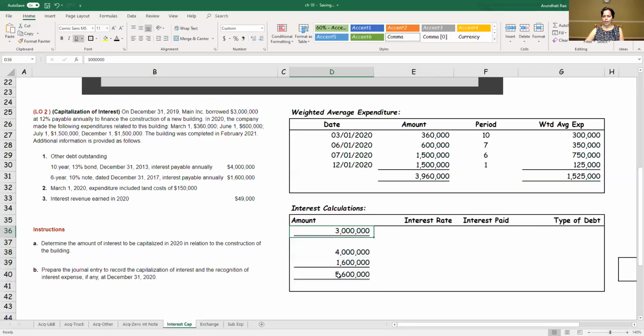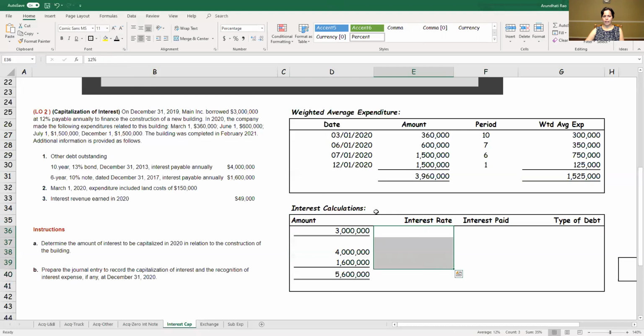So I have the 3 million, the 5.6, and as you see, I've kept them separate over here, and I'll tell you why. The interest rate is 12%, 13%, and 10% respectively. So let me write the interest rates over here. The interest paid is simply, since it's for the full year, an extension: 3 million times 12%, 4 million times 13%, 1.6 million times 10%.